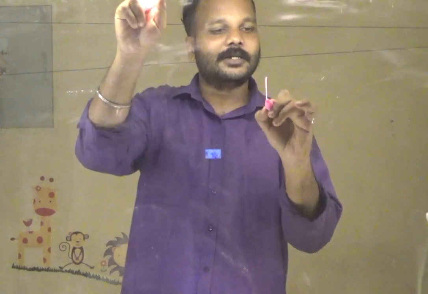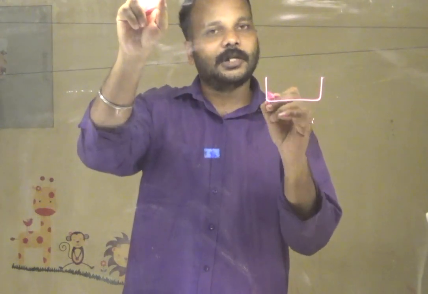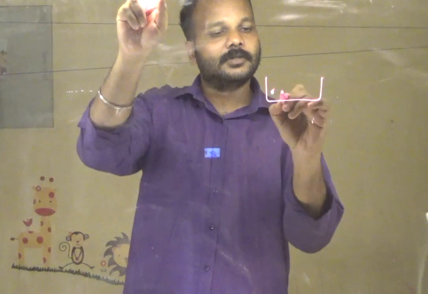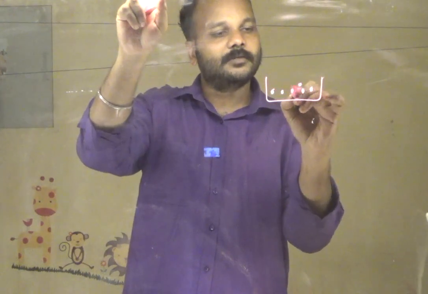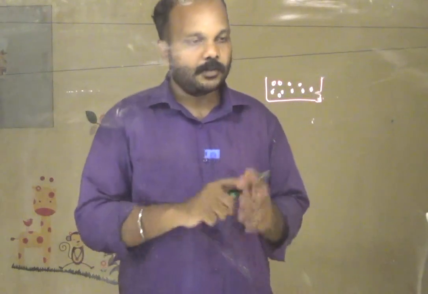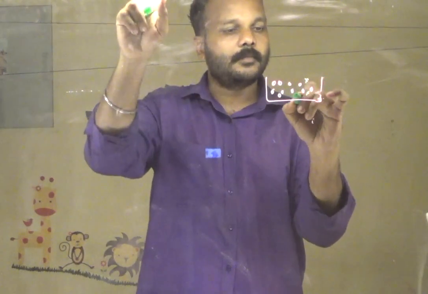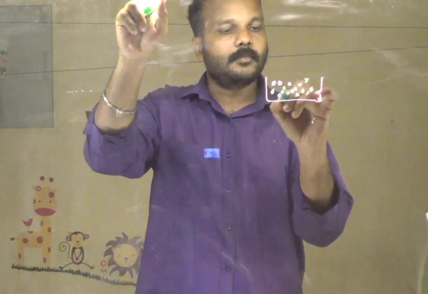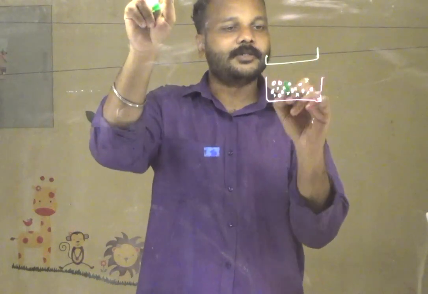So of course, you can follow the same thing here too. Consider here a watch glass or petri dish containing sand and iron. You use an iron magnet.